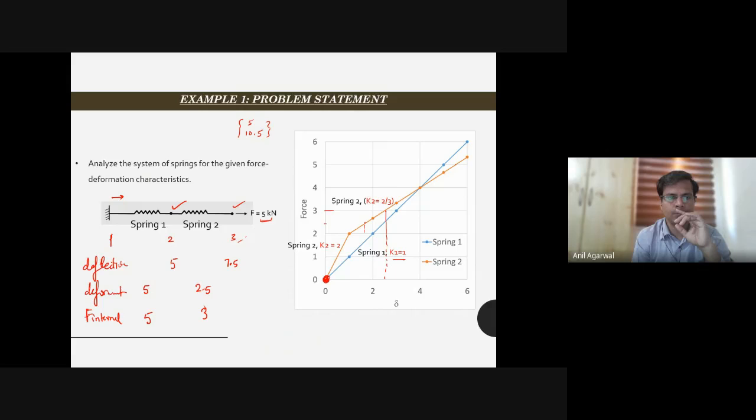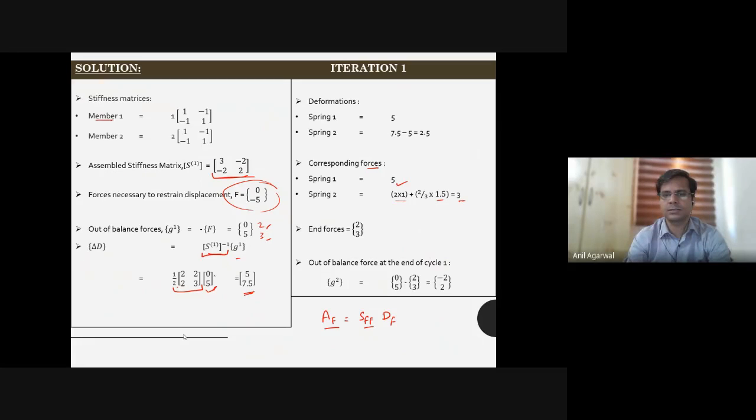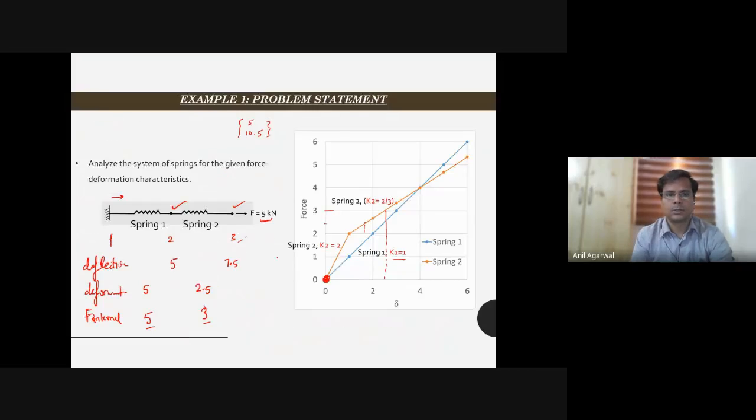F internal. Agreed? So the first spring has an internal force of 5. The second spring has an internal force of 3. There is obviously an imbalance. What is the imbalance? Let me draw the forces at the joints: the fixed end, the middle point, the last end.